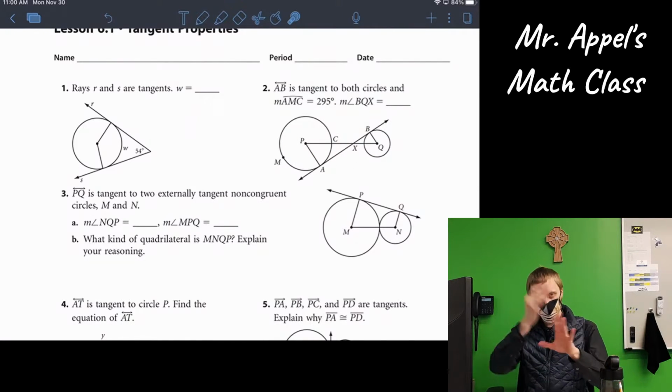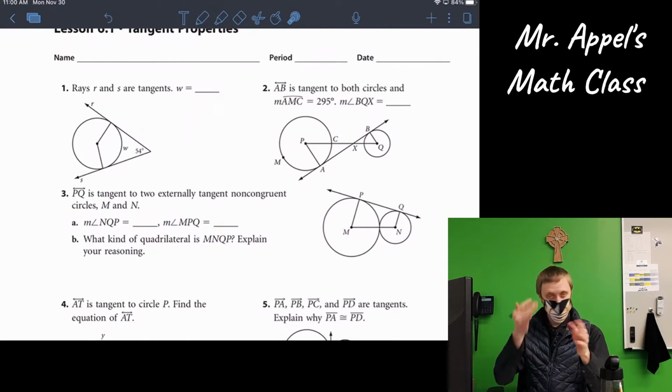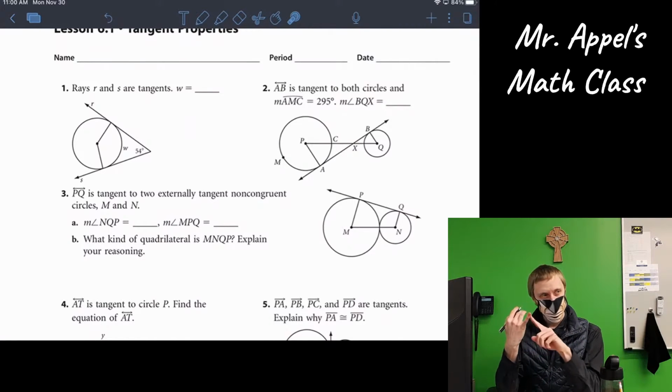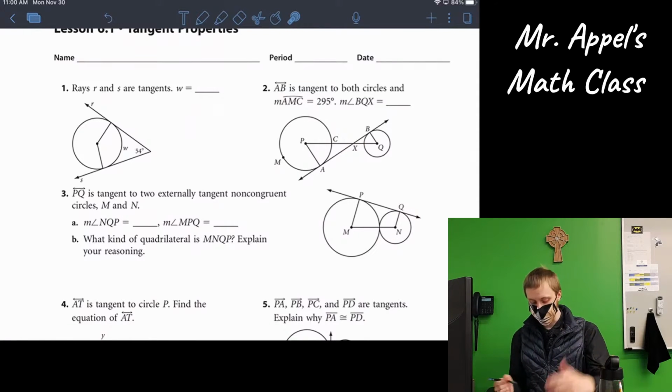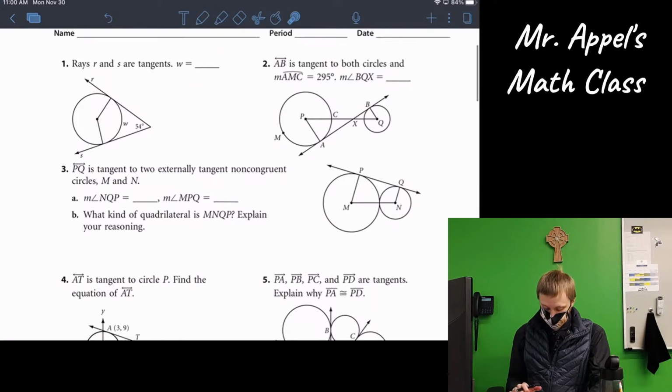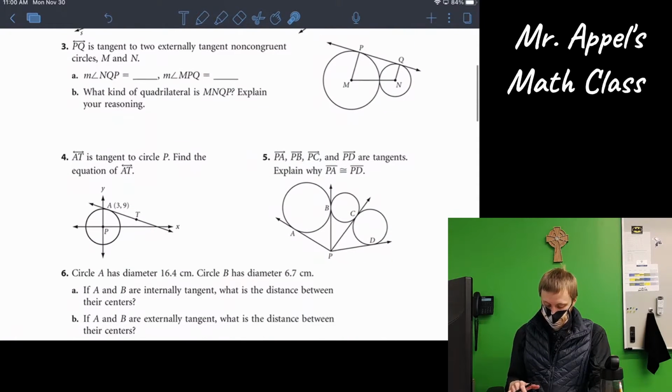That's okay. Just work through it step by step. Use your fact that you know some things are right angles. You know that, hey, there's triangles here. What do you know about triangles? This looks like some kind of quadrilateral. What do you know about that? Right? Very doable. Very doable.